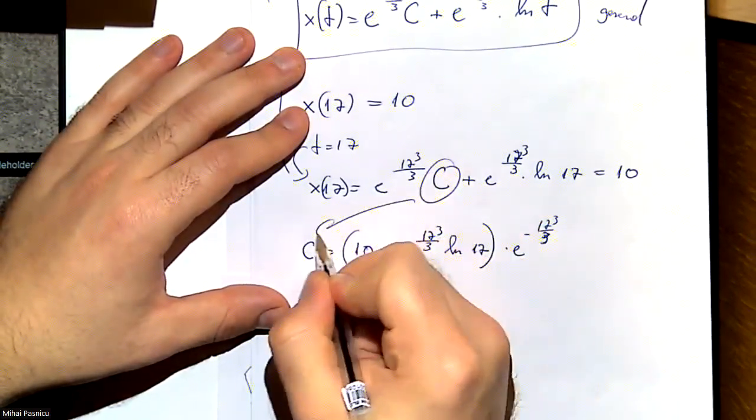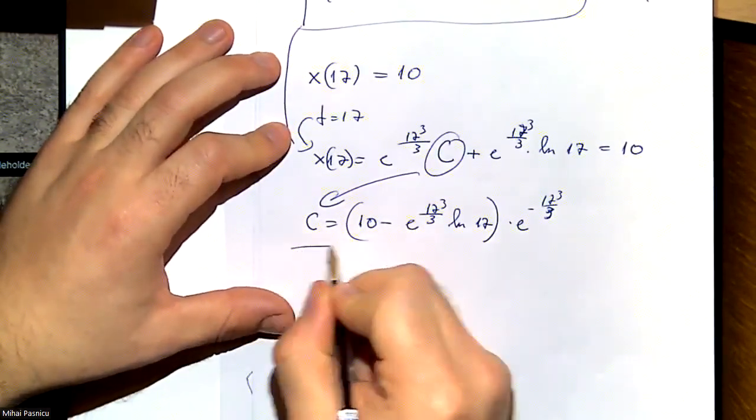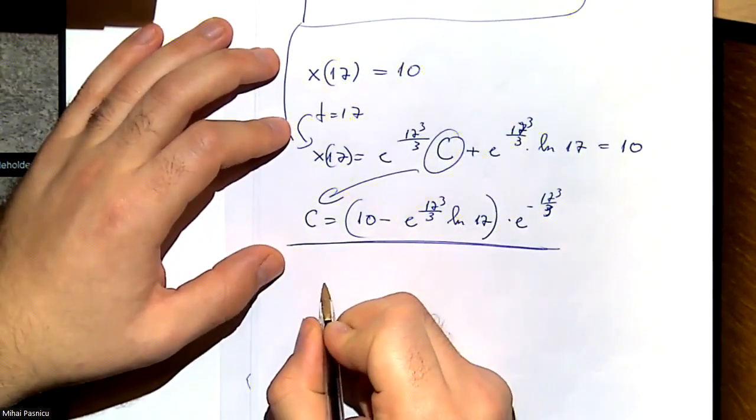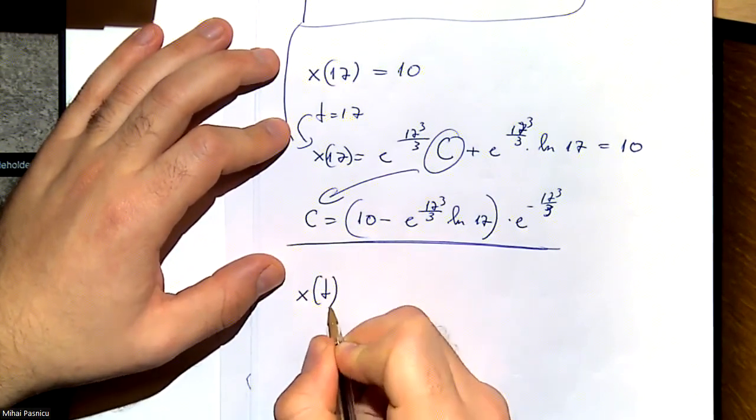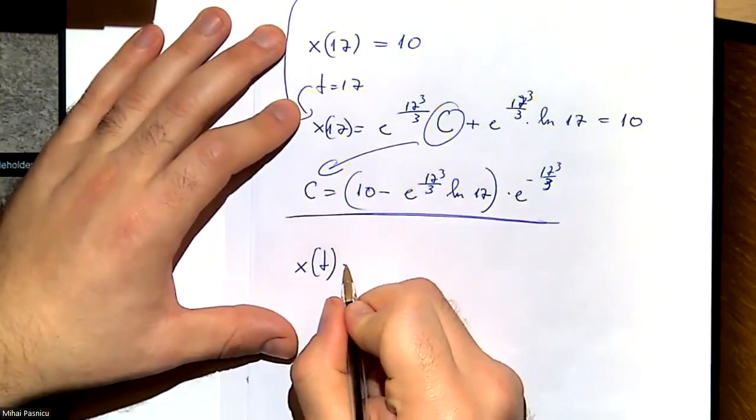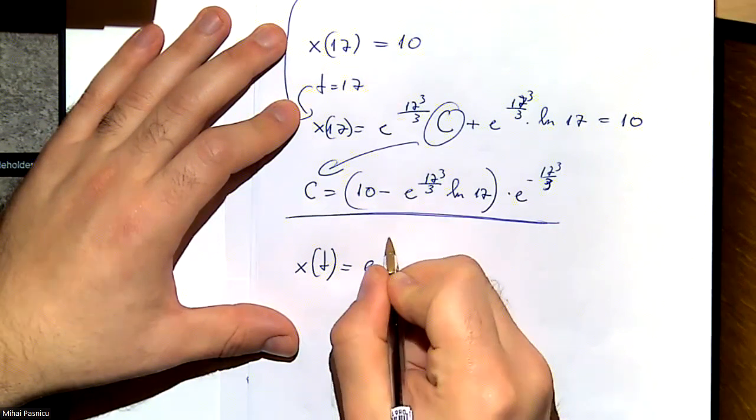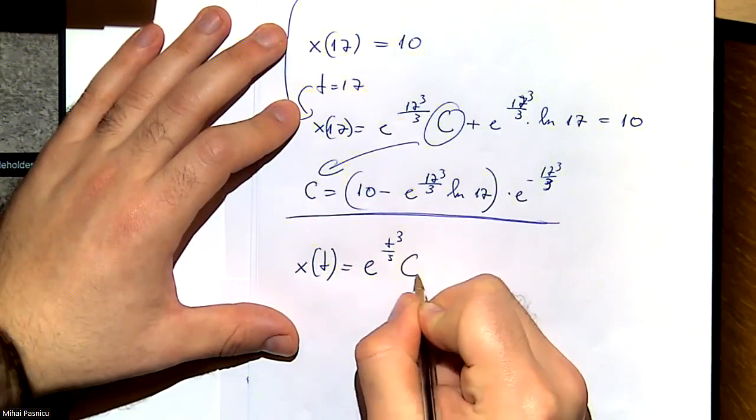From here, I get this. And now what do I do with this constant? They're asking me for the particular solution. I just write the general solution and plug in the constant. I'm not going to plug it in because it's going to look 10 times uglier than it is.